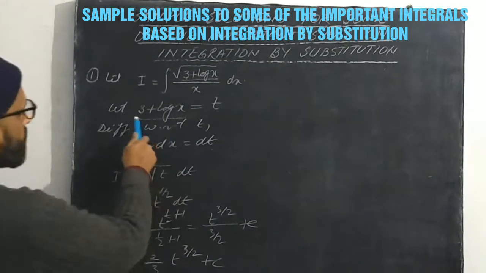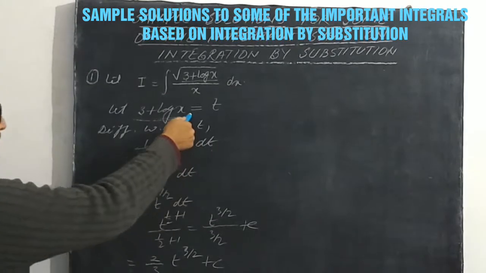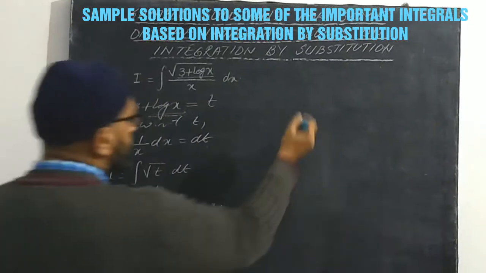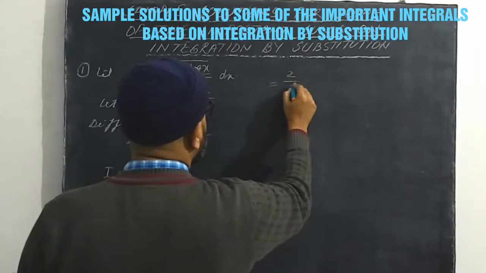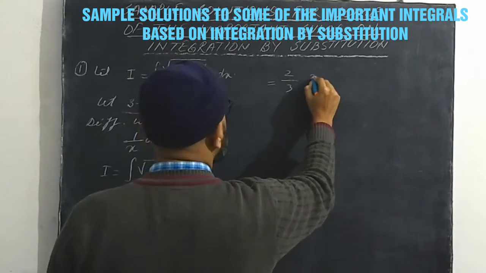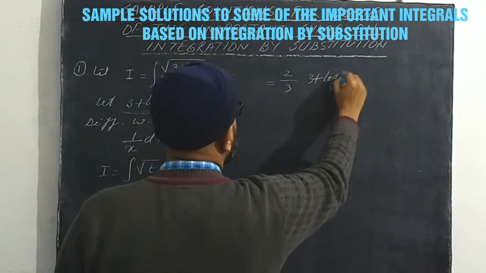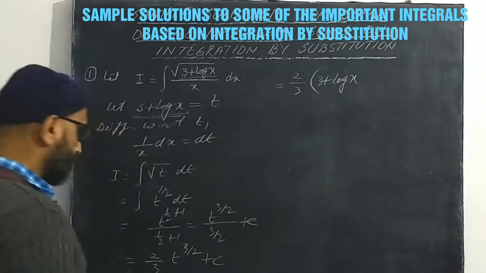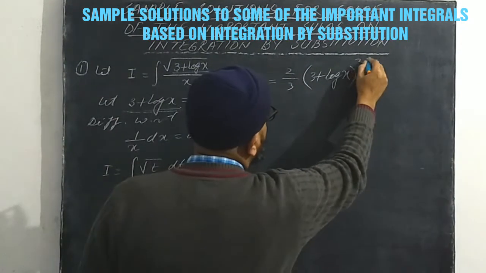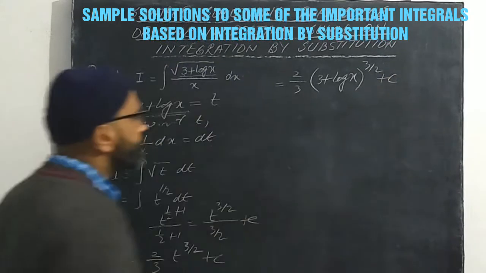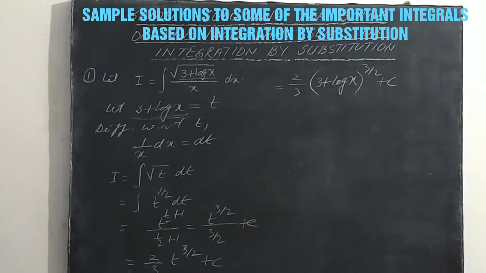And finally we have to substitute t equal to 3 plus log x here, and we get 2 upon 3 into 3 plus log x raised to the power 3 by 2 plus c, and that's it.